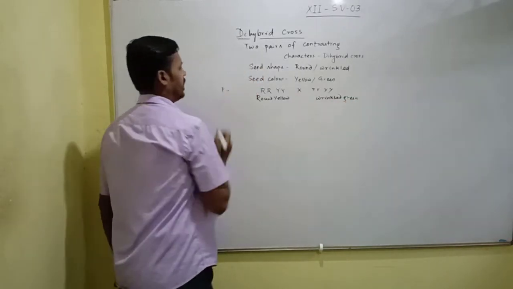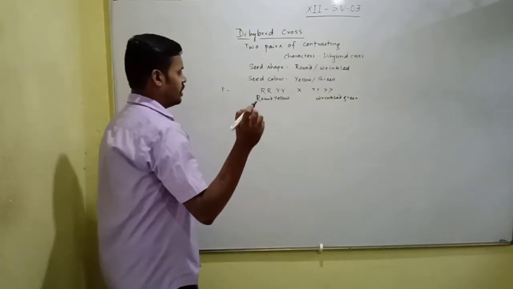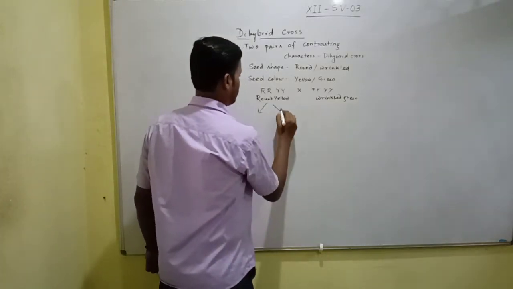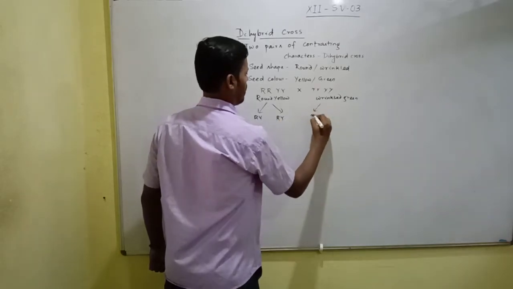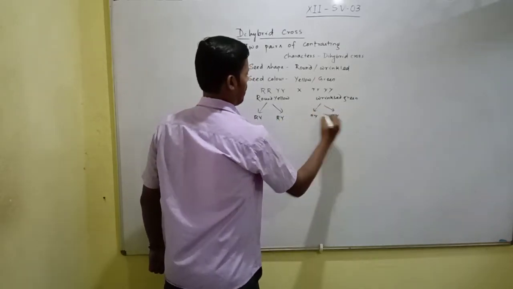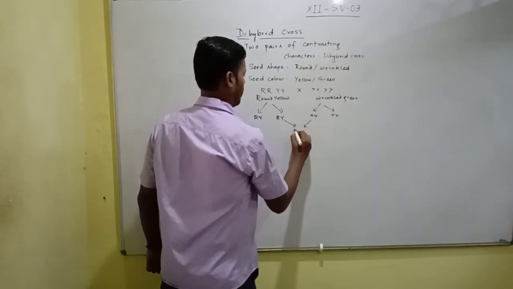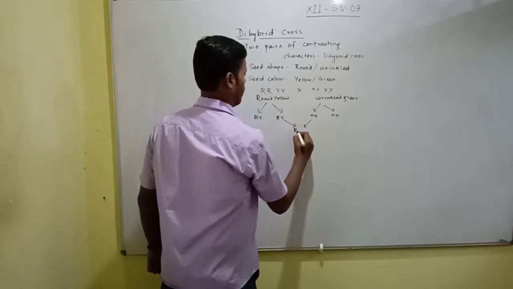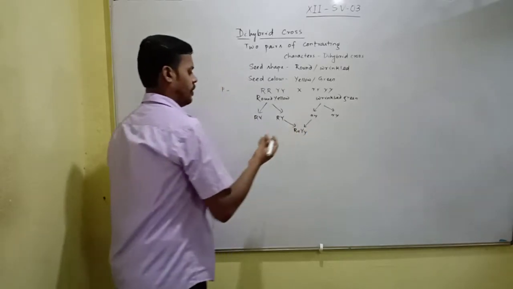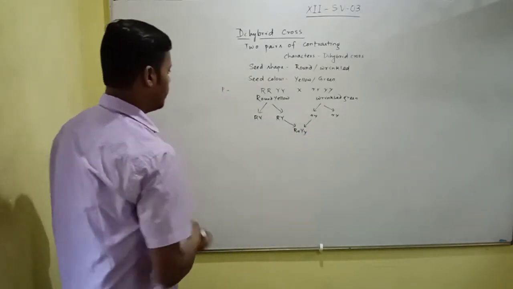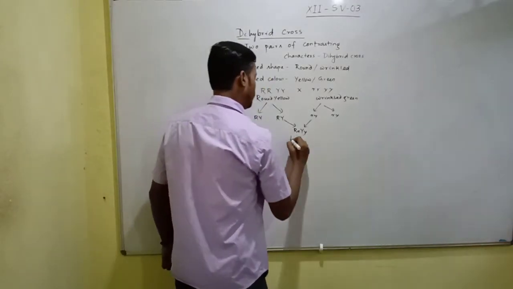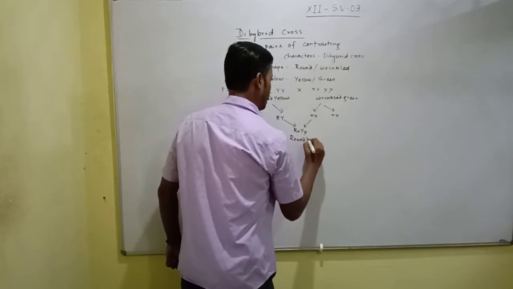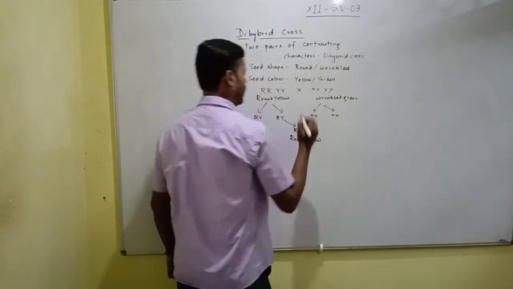Similar is the methodology of hybridization. Then gametes. So this will be your F1. The F1 will be also round and yellow.